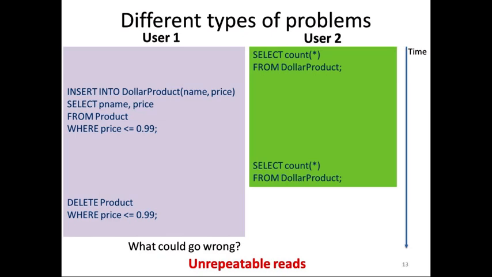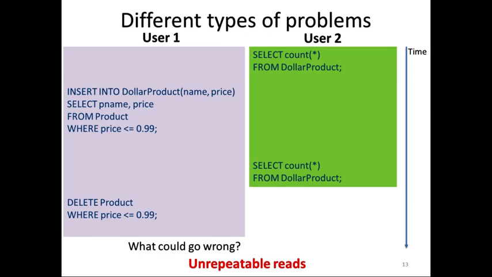Now, let's understand a bit these two transactions. The green transaction here, we are using two tables, product and dollar product. So we have, let's say, an inventory of products that cost less than $1, and this is the table dollar product.